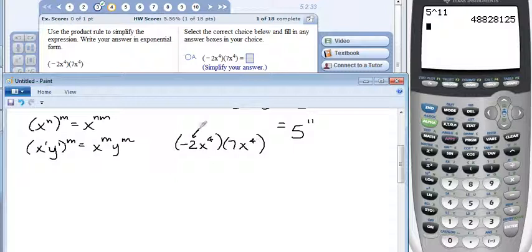Negative 2 times 7 is negative 14, and then I multiply x to the 4th and x to the 4th, because the bases are the same. That's x to the 4 plus 4, which is x to the 8th. So that's just straight multiplication, which is addition of exponents.